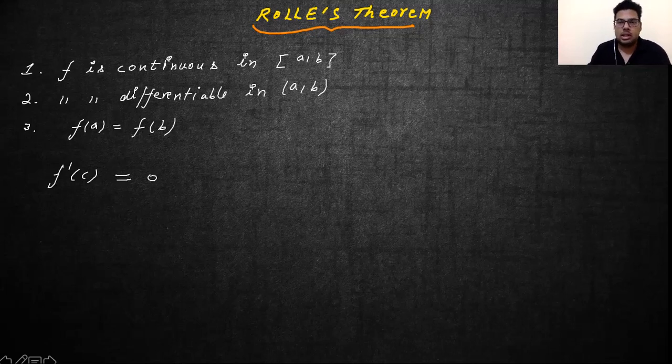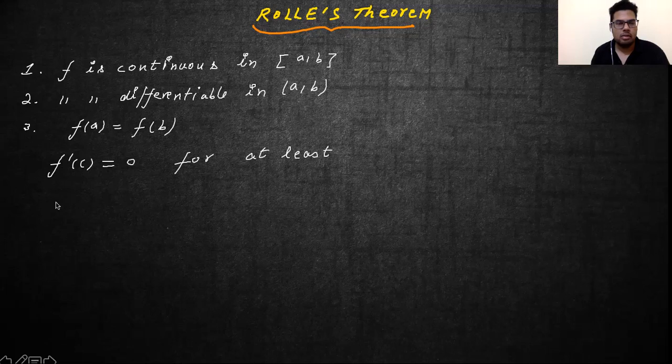Or we can write this in the statement form, which is very, very important, that f dash c equals 0 for at least, this is important, for at least one value of c belongs to the interval AB.